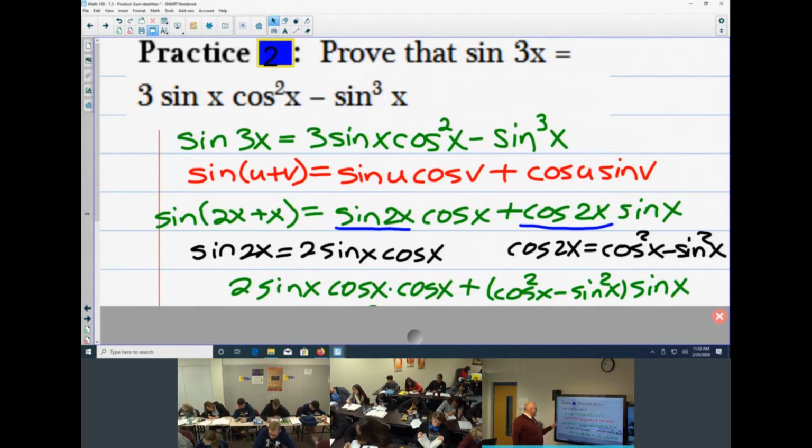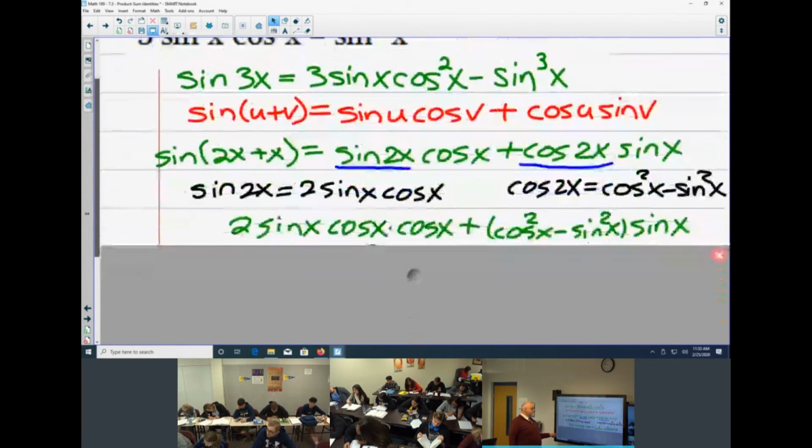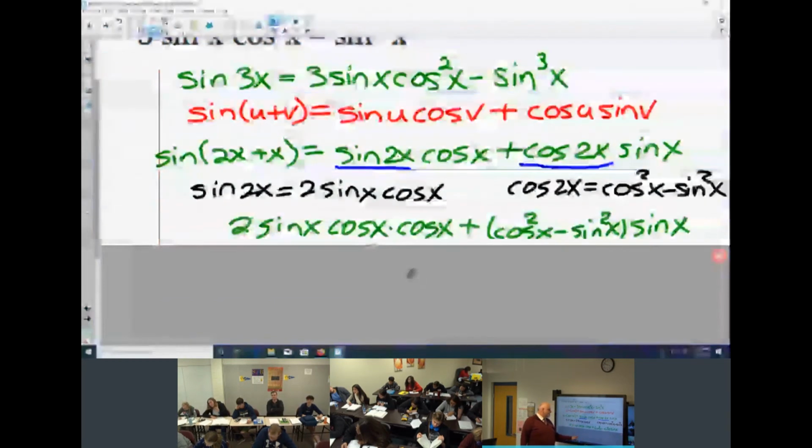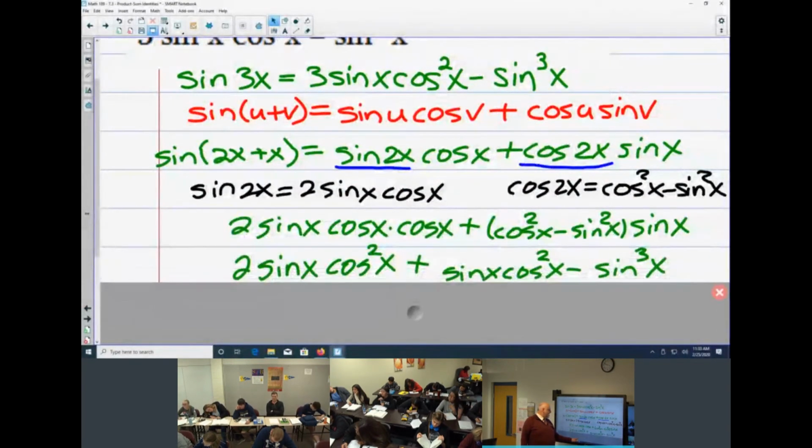All right, so then when I simplify, so I have 2 sine times cosine, so that's 2 sine x cosine squared x. And then when I distribute the sine through, I get sine x cosine squared x minus sine cubed x. All right, now what?